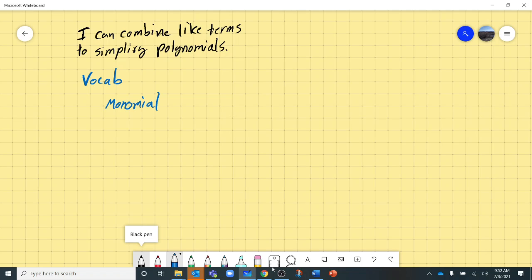Okay, and mono, not in Spanish. In Spanish, this would have something to do with monkeys, monomial. Monomial means one.